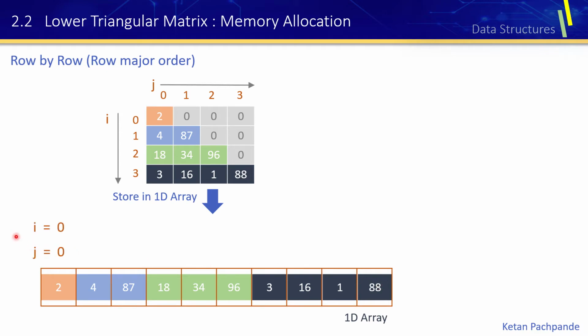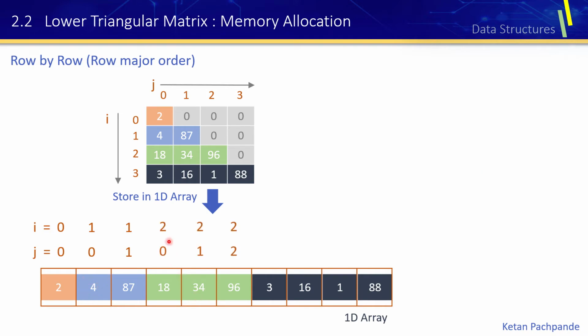Let me mark with respect to i and j, what is the location in the one-dimensional array. So from the programmer's point of view, if he says give me the element at i is equal to 0 and j is equal to 0, it means from the one-dimensional perspective, he is asking for this element. Or if he says i is equal to 1 and j is equal to 0, it's nothing but this element we want to store or retrieve.